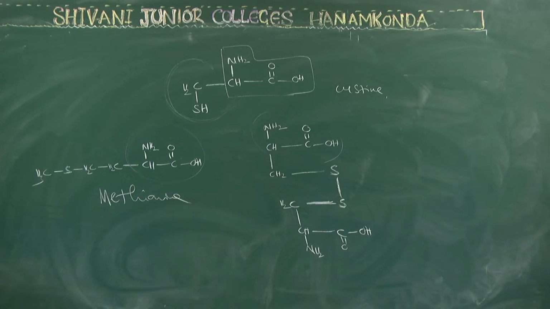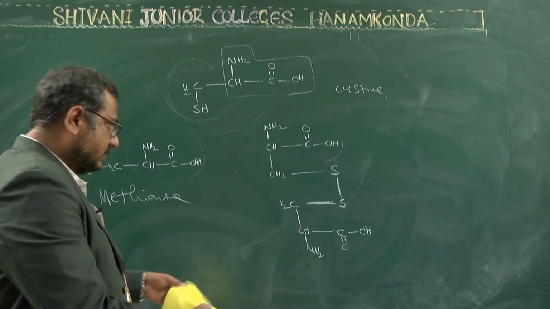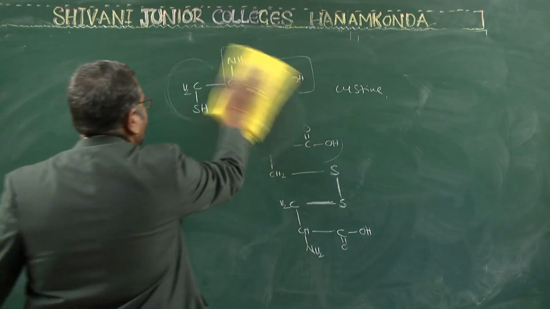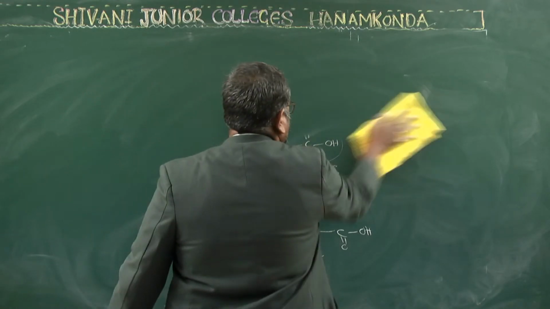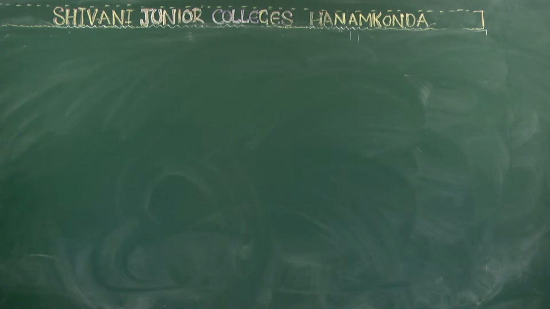Another classification is aromatic amino acids. Aromatic amino acid means based on the aromatic ring. The best example is phenylalanine.